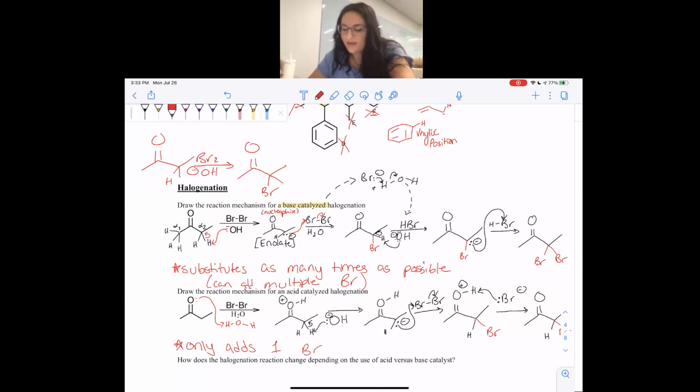If we had something like this, where they were identical on both sides, it doesn't matter which side you pick, but you are only substituting one side.